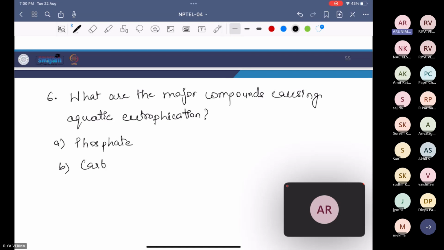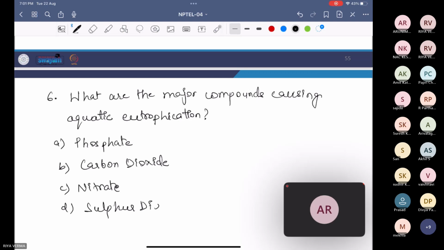B is carbon dioxide. C is nitrate. And D is sulfur dioxide. Anyone? Option A, phosphate, and B, nitrate. Okay, so can anyone explain to me the process of eutrophication?